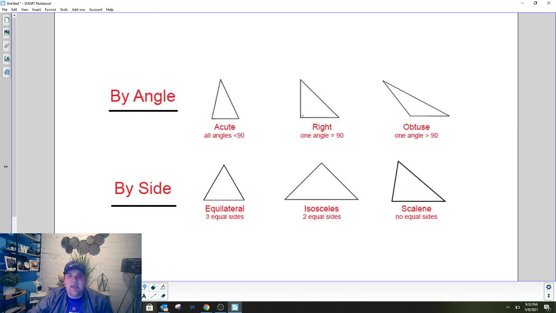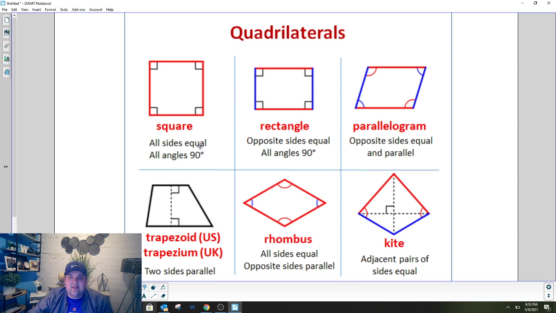We also can name quadrilaterals based on their different attributes. So we know that a square has congruent sides, all four around, has 90-degree angles, and two sets of parallel sides. Rectangles also have two sets of parallel sides, but their opposite sides are equal.